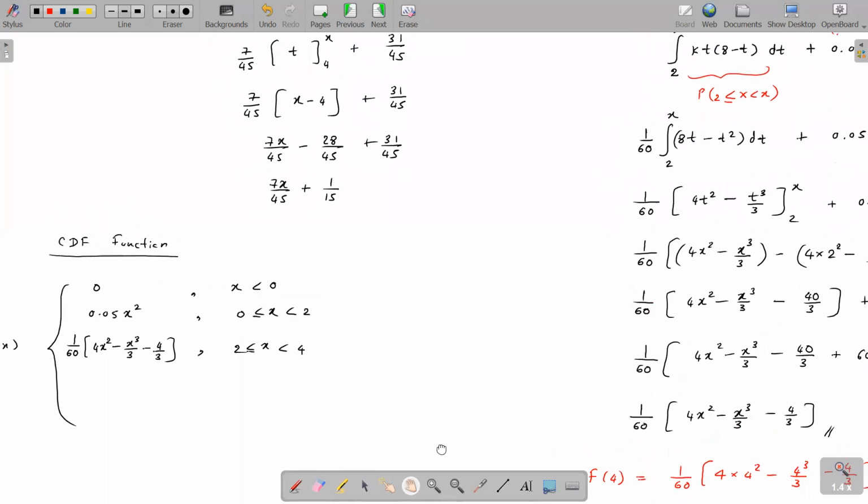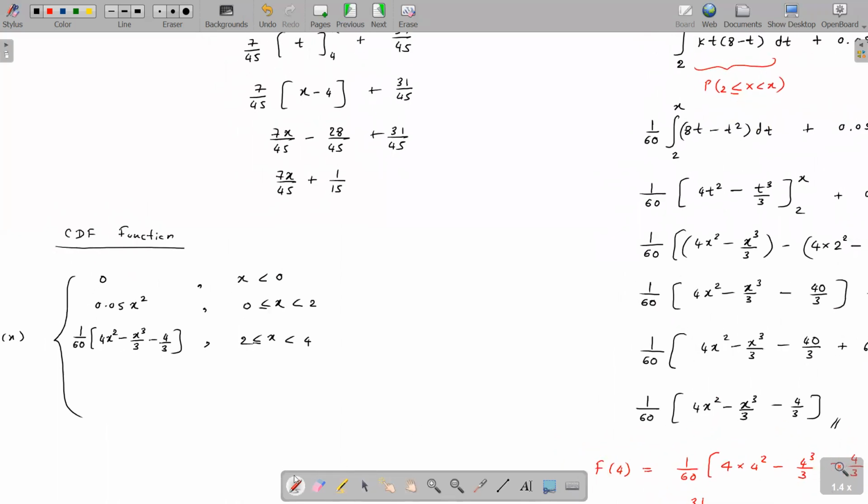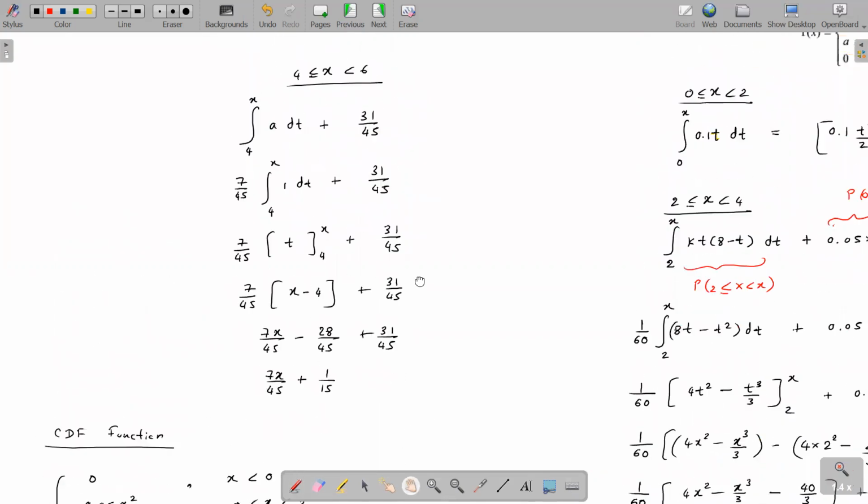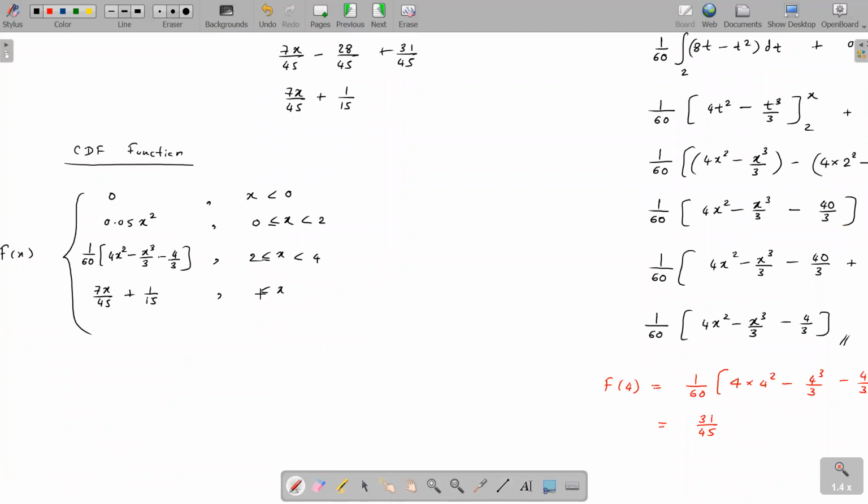And then the final one, which we got right now, is 7x over 45 plus 1 over 15, for x values between 4 and 6. And when you're defining the CDF, the CDF value should be 1 for any x value greater than 6, because you don't have probabilities beyond 6. You've reached total probability 1.